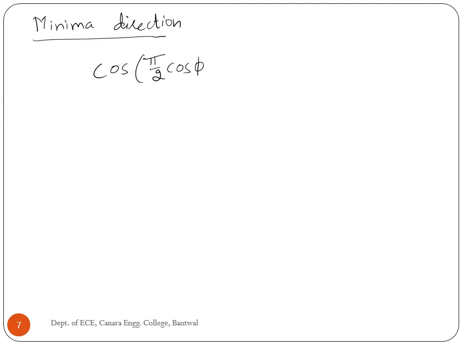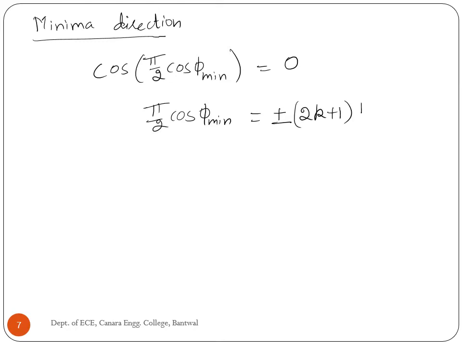For minima direction, E normalized is equal to 0. That is cos of pi by 2 cos phi, when d equal to lambda by 2 for the case when two isotropic point sources having same amplitude and same phase, is 0. Pi by 2 cos phi minimum phi is equal to plus or minus 2k plus 1 pi by 2.